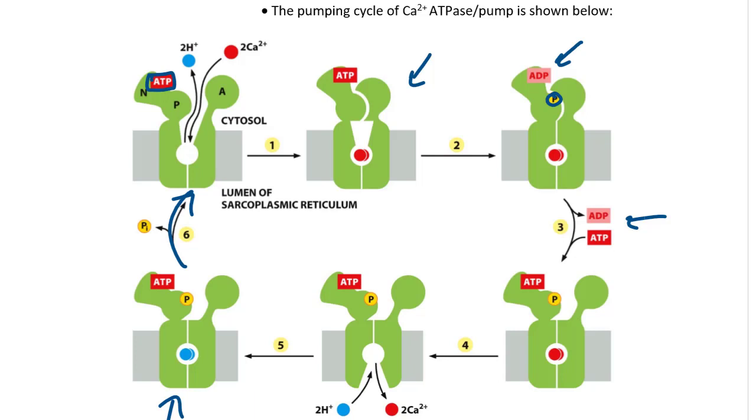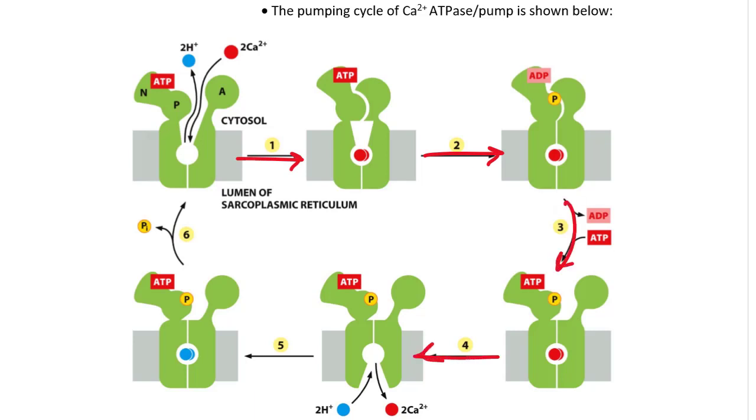Now, the difference here between this and what we saw previously with co-transporters and just a regular transporter is that the process is moving in one direction. This is a single arrow. So the process will move in a single direction until it gets back to the beginning.